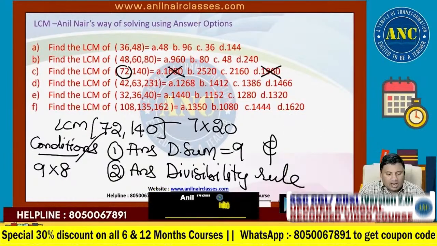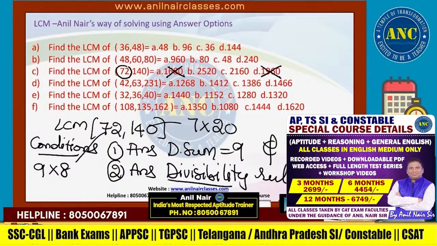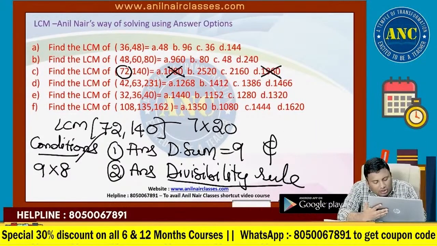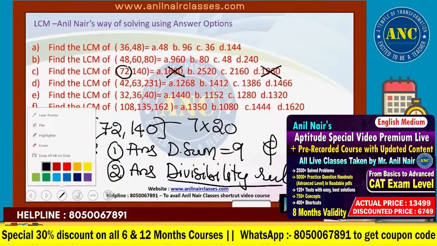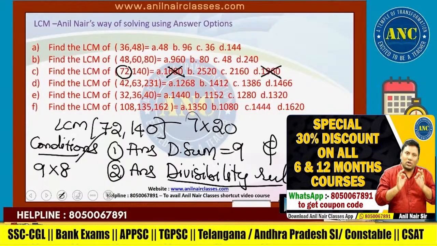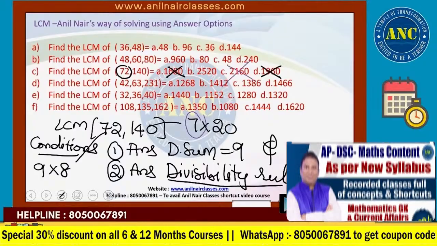Take the second concept. The second concept is that the divisibility rule should be satisfied. So the answer should be divisible by 7. 2160 is not divisible by 7.